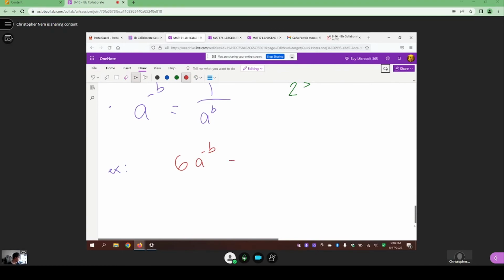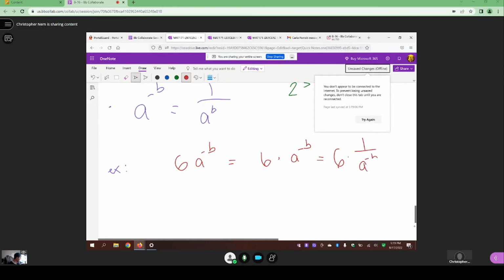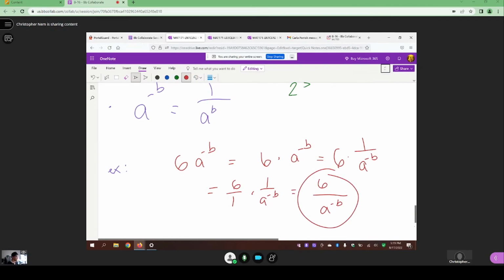Well, this is the same thing as saying 6 times a to the negative b, which is going to give us 6 times 1/a to the b. And remember, 6 is technically 6/1. Technically, this is 6/1 times 1/a to the b, which will give us 6 over a to the b. Do you see how the 6 stayed on top?